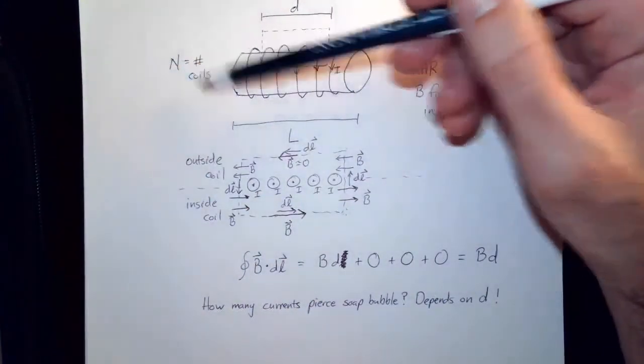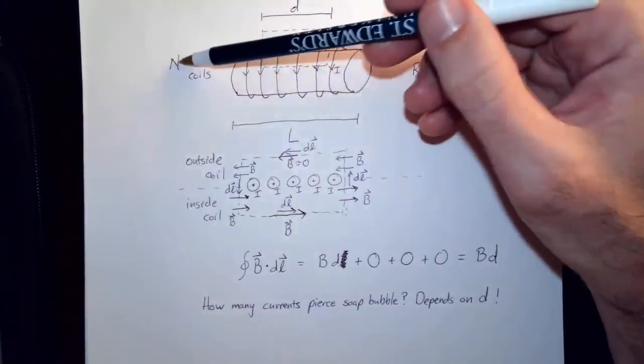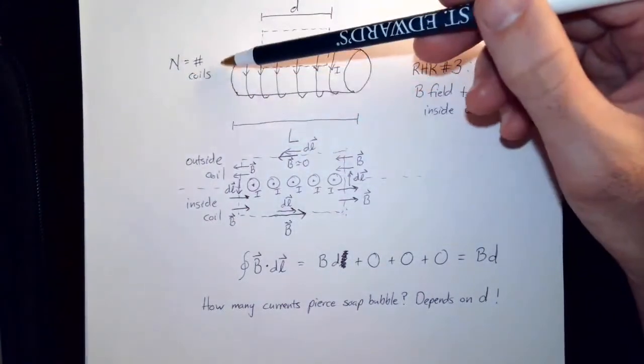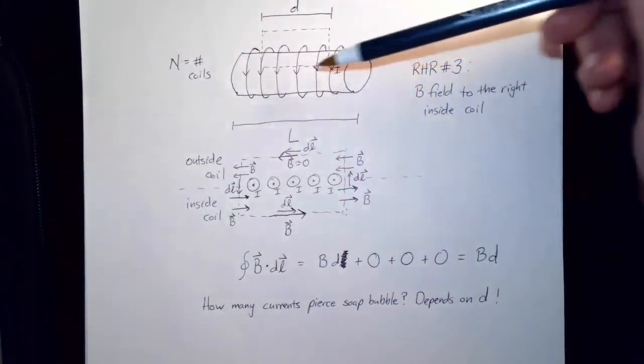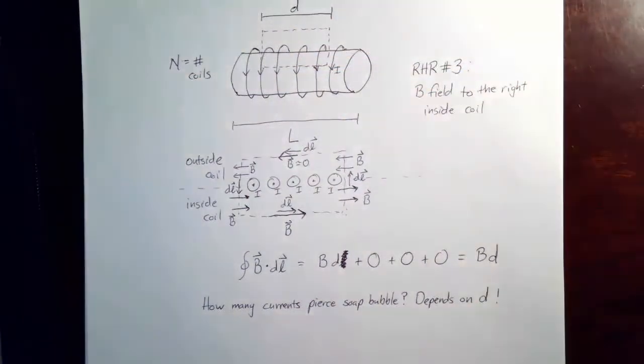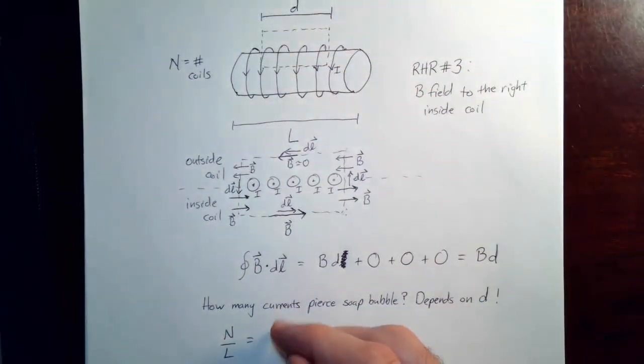So if it's a length L, N over L tells us how many coils per length we have in this solenoid. So N over L is equal to the number of coils per length.